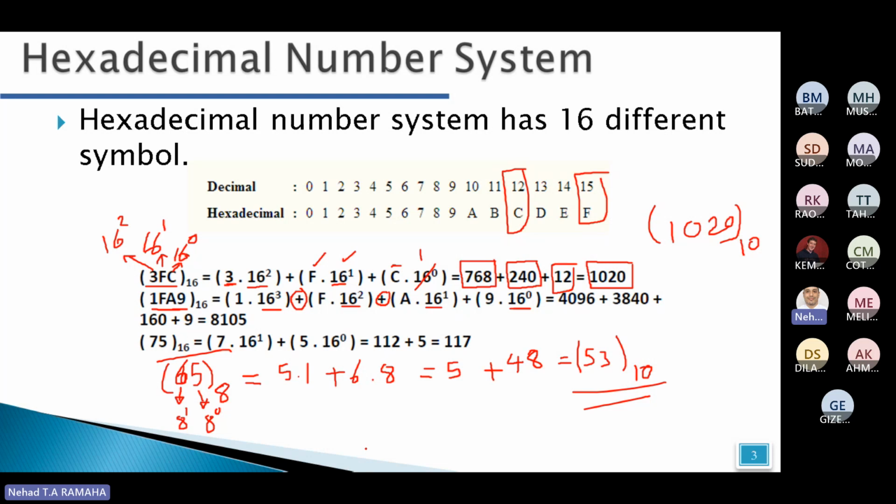So now we know how to convert from any system to a decimal system. You need to take digit by digit, multiply each digit by its position value, then sum all the digits.